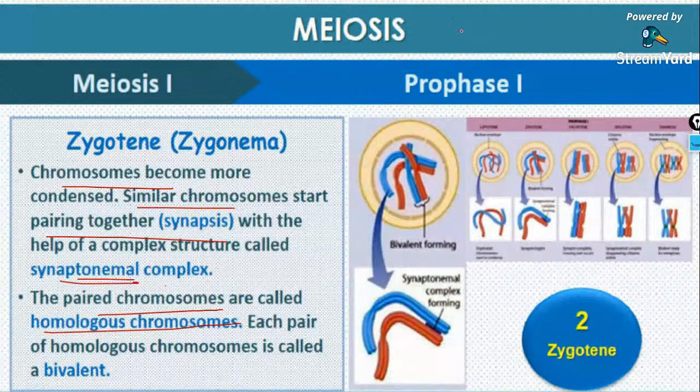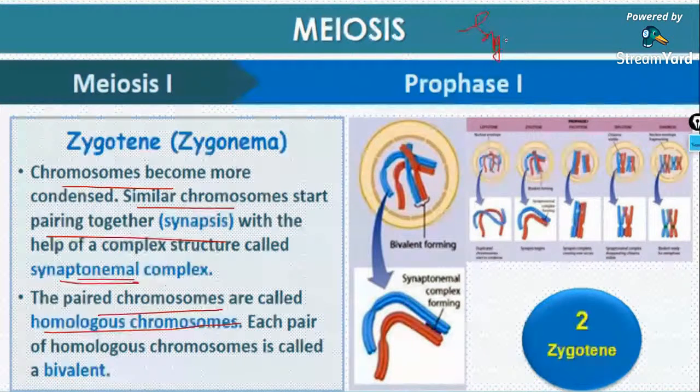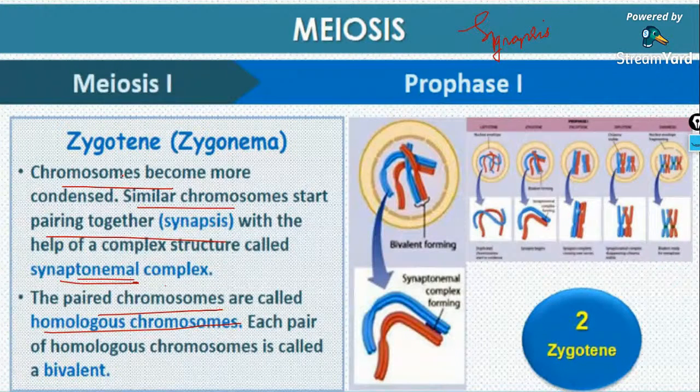What is synapsis? It is the pairing of homologous chromosomes. Then what is a synapse? It is the junction of two adjacent neurons. So just keep in mind the difference between synapse and synapsis. Each pair of homologous chromosomes is known as a bivalent.